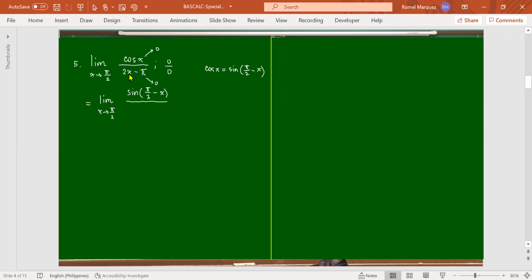So, and this is, we can factor out the negative 2. Pag pinactor out kong negative 2, I will have here positive na to, pi over 2. At ito ang magne-negative, minus x. O, pareho na ba ang argument dito at dito, guys? Pareho na, no? All I have to do is to put the negative 1/2 out, and then I will have limit as x approaches pi over 2 of this.